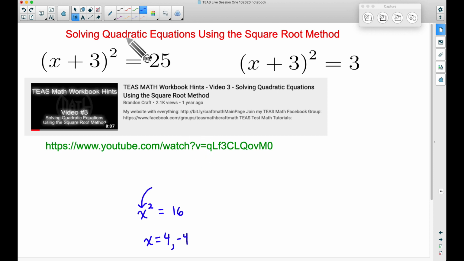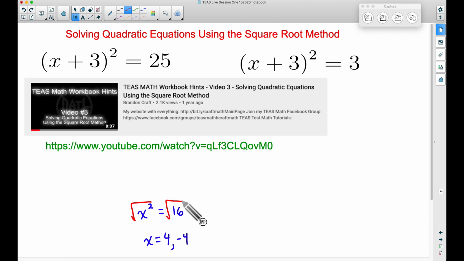Now, how can I show you this in a not so formal fashion is something like this right here. We're trying to get this x by itself, and the way we get rid of this squared is we take the square root of both sides. The opposite of squaring is to take the square root.